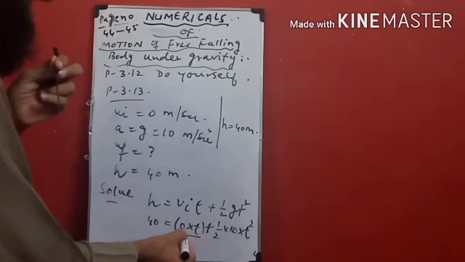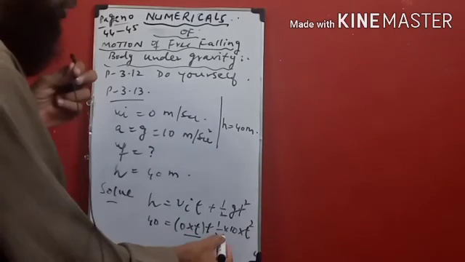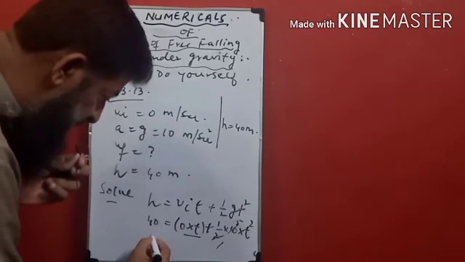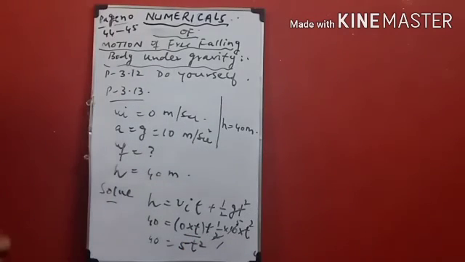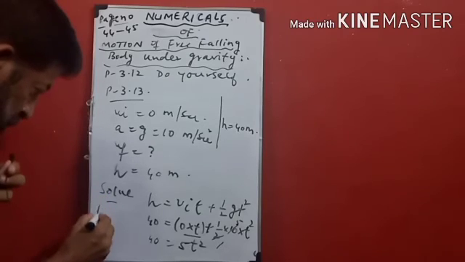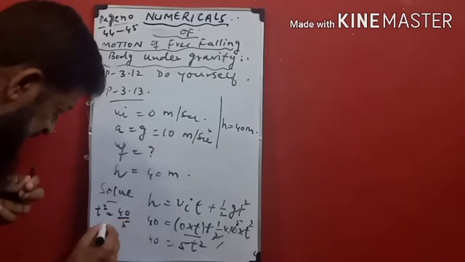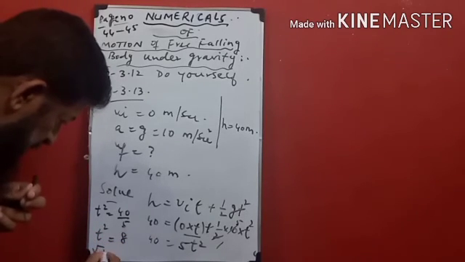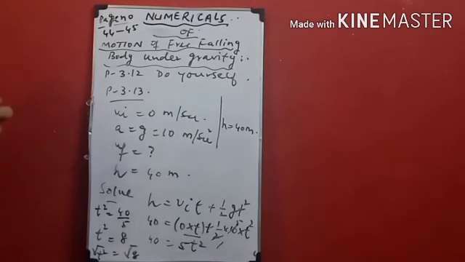Now, 0 multiplied by any number or variable always comes 0, so we neglect it. But 2 ones are 2 and 2 fives are 10. So it comes as 40 is equal to 5t square. And now t square is equal to 40 divided by 5. t square is equal to 8. And we take the square root over here. t square is equal to under root 8.